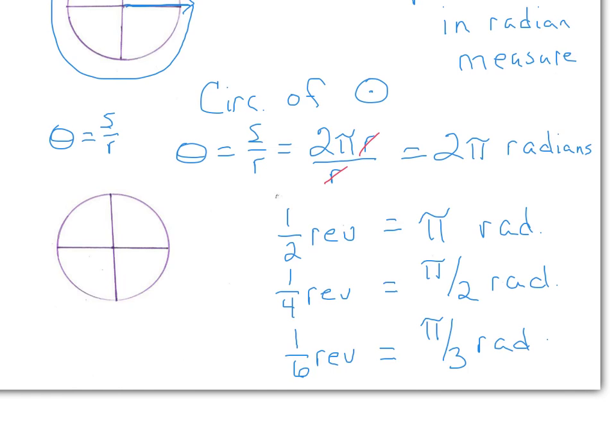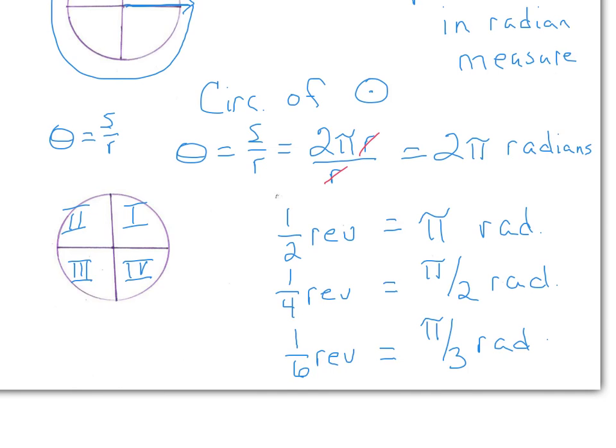Our circle here, I've set it on a coordinate plane. And the coordinate plane is divided into 4 quadrants. Remember, this is quadrant 1. Quadrant 2, we use Roman numerals to name them. We don't use Arabic numerals. Quadrant 3 and quadrant 4.